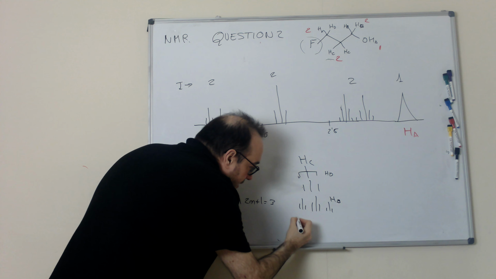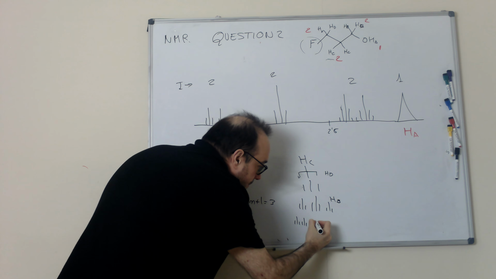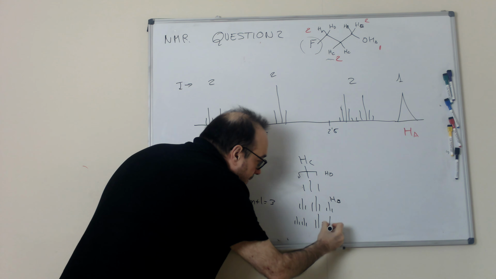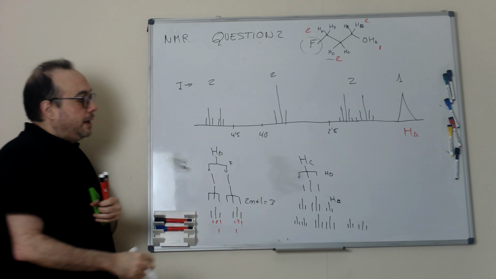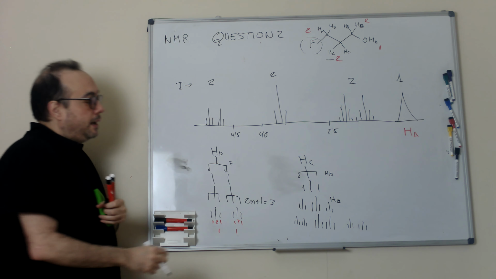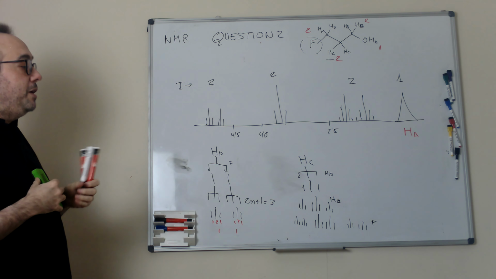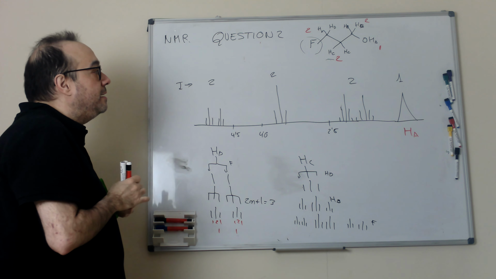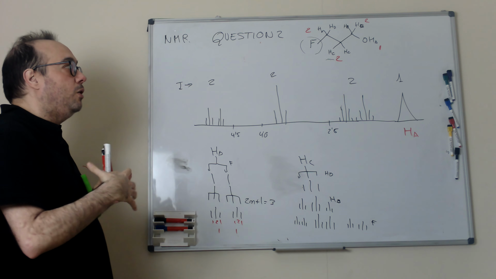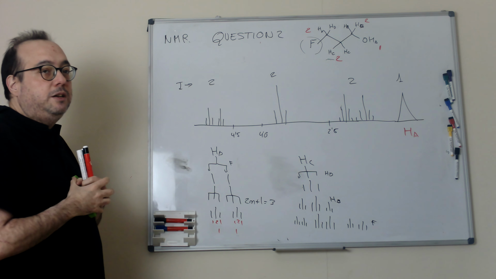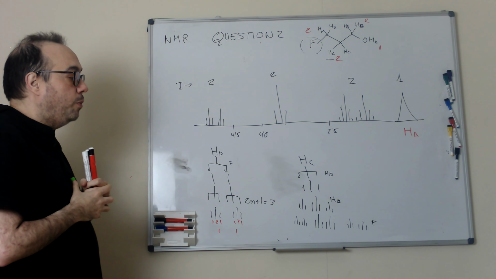That means each of the signals will be a triplet of triplets of doublets, or a doublet of triplets of triplets, up to you. What we will have is a very difficult signal, because probably all of the signals will overlap one over the other, and it will be very difficult to know the coupling constants.